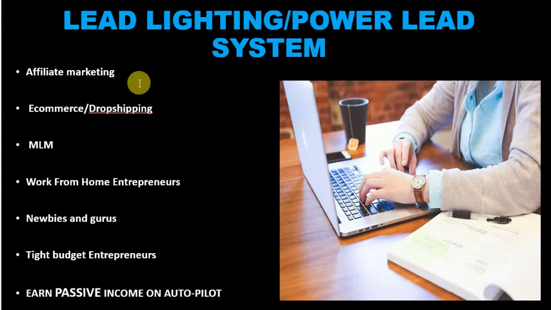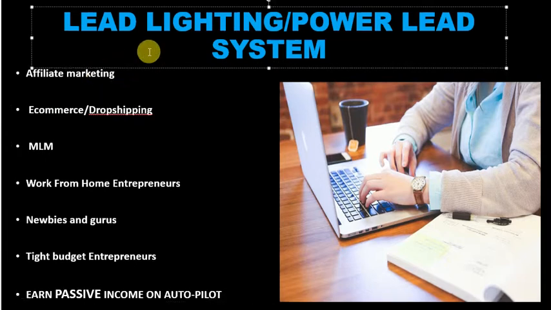And the good thing is that whilst you are sending out your link to the landing page provided for you by this system, you can equally promote the lead lighting system with your affiliate link. Can you imagine this? You are promoting your affiliate link as well as this, and you are making money on both. If they opt in, you are making $6. Any opt-in, you are making $6.